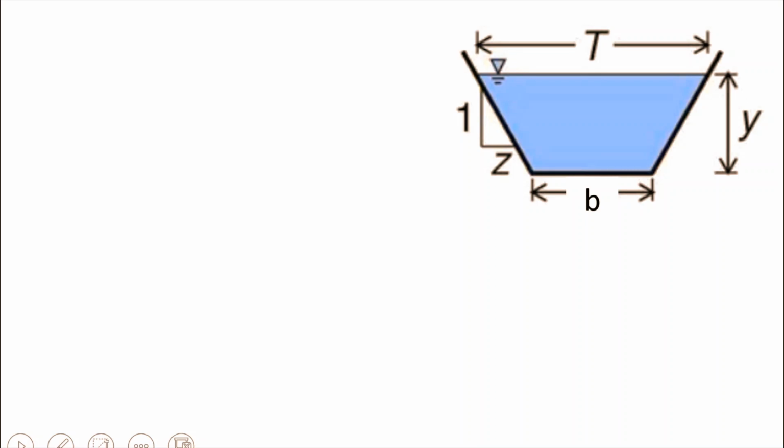So the slope of the trapezoidal channel section is given as z horizontal to 1 vertical, right? So we have to find out the area, perimeter, and then hydraulic radius.